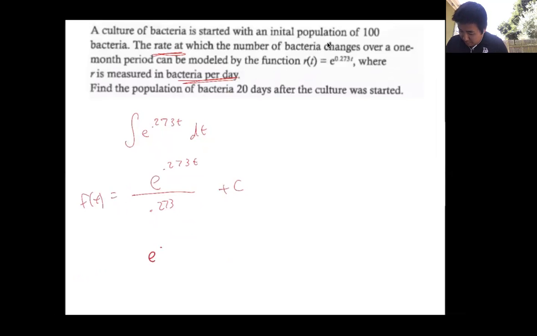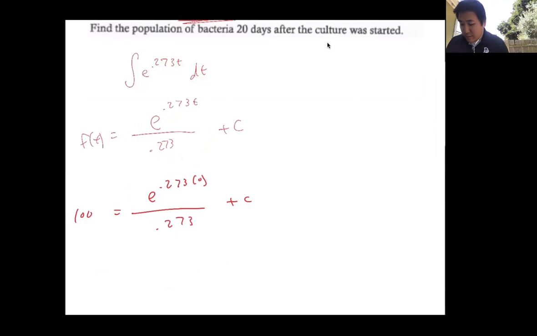So e to the 0.273 times 0 over 0.273 plus c equals 100. E to the 0 is 1, so that's 1 over 0.273 plus c equals 100.